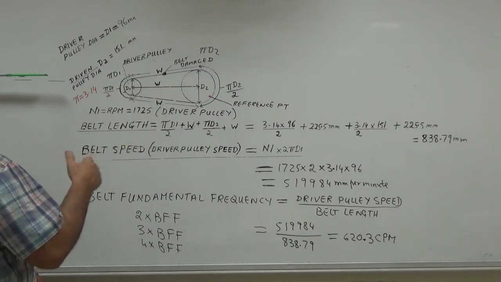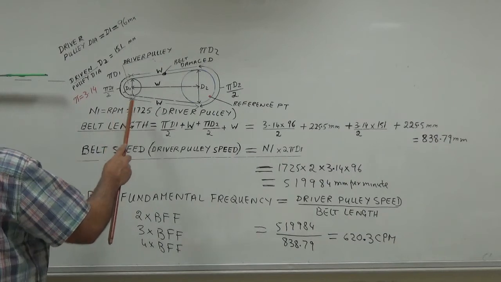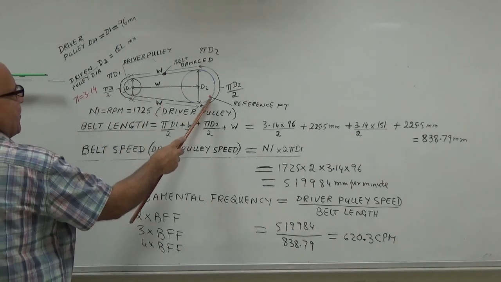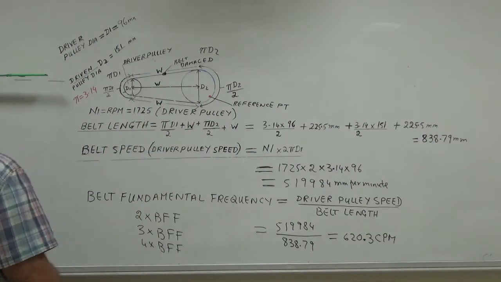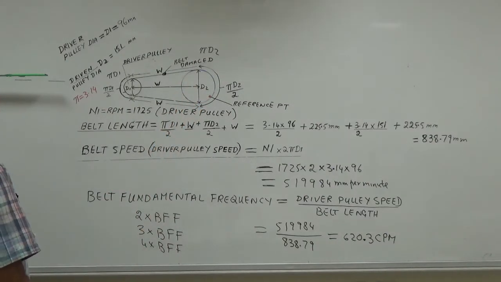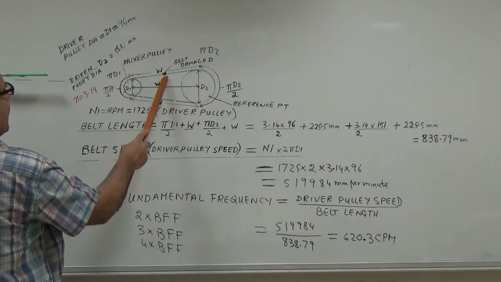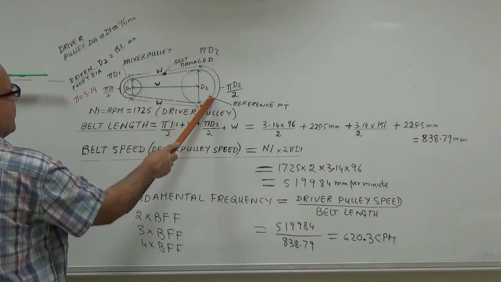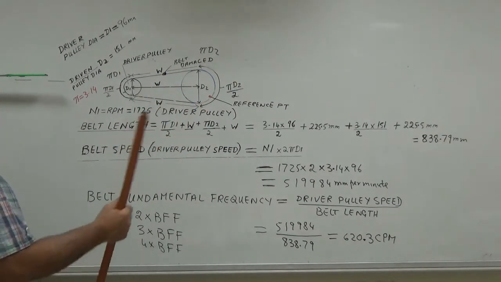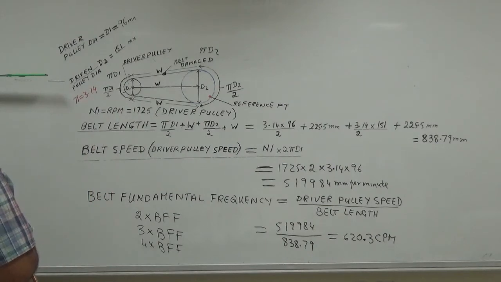In every round, the belt will pass through this reference point. So when this damaged part passes through this point, it creates some vibration. So in each round it will create one vibration.